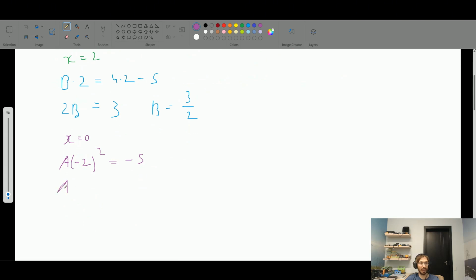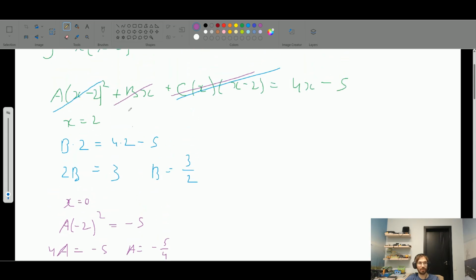From here 4A will be minus 5, so A will be minus 5 over 4. And that's how we found A. And this is where the questions start from people: but how to find the third one?